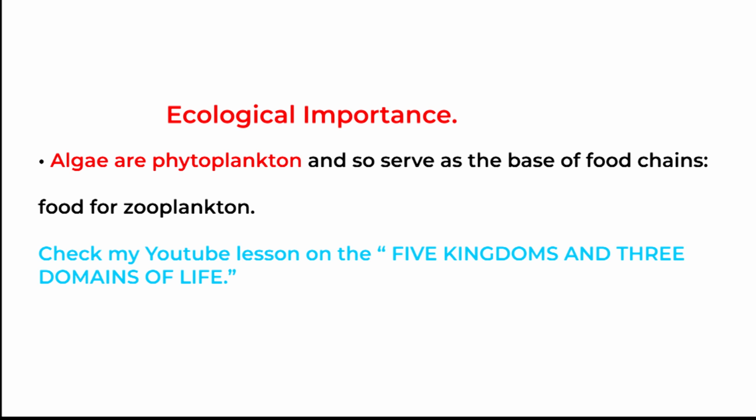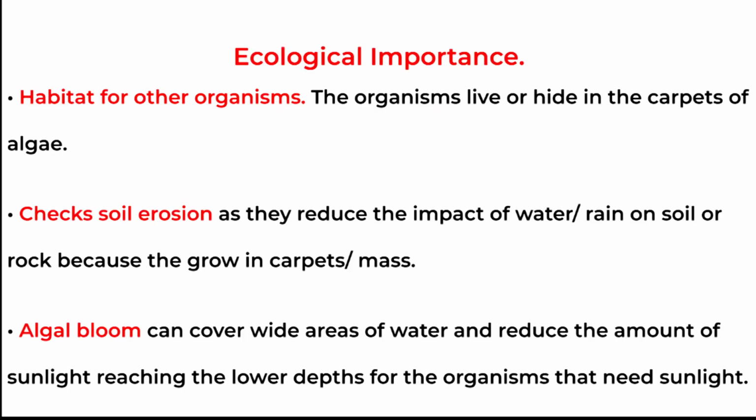We talked about phytoplankton and zooplankton in our lesson on the kingdom Protista. So please check. Then the algae serve as habitat for other organisms, which live and hide in the carpets of algae. Algae check soil erosion when they grow on rocks and on soil.